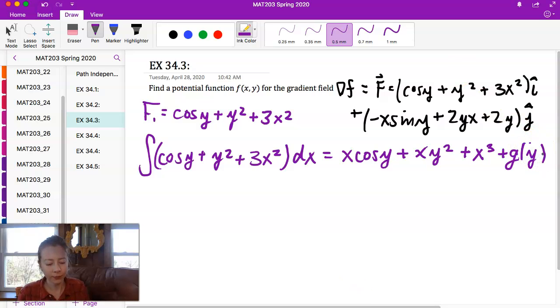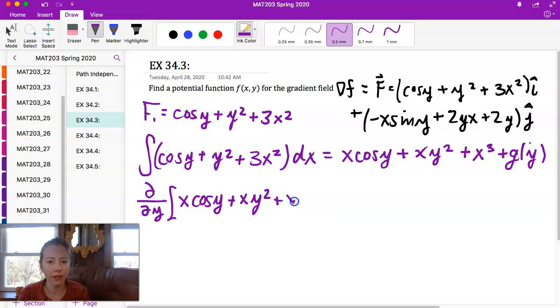So then the next step is to differentiate with respect to y. So del over del y of x cosine y plus xy squared plus x cubed plus g of y.